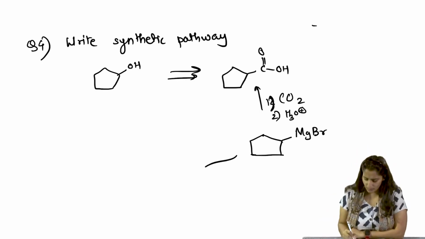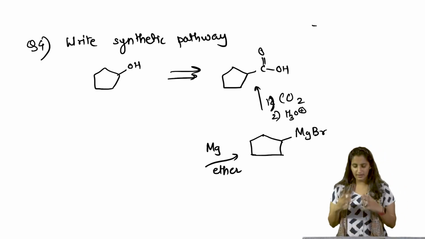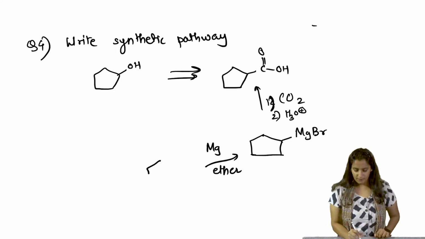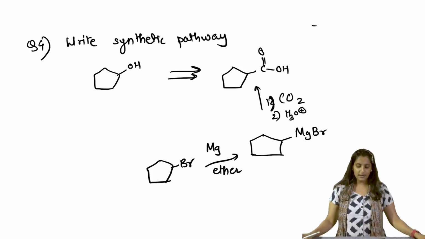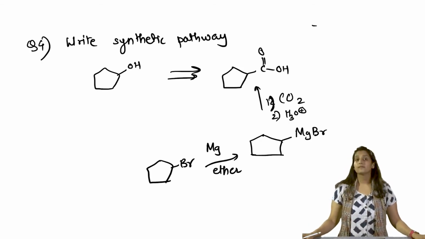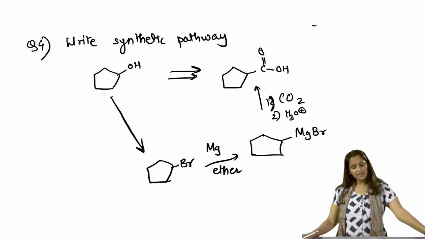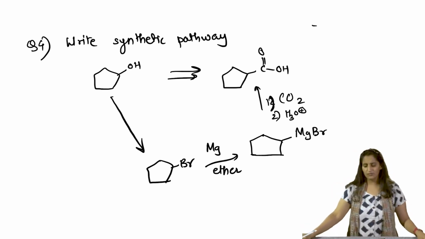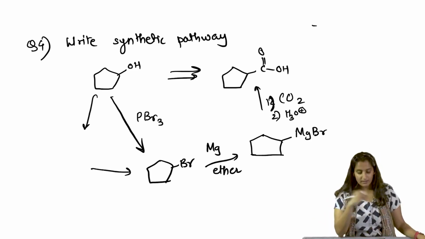So, we also know how to form these Grignards. We know that magnesium and ether, under anhydrous conditions, if we stir, from alkyl bromides, we can get there. Now, how do I convert from here to here? This is a secondary alcohol, so it is possible to convert it to a bromide using PBr3. Now, there are other ways to do this.